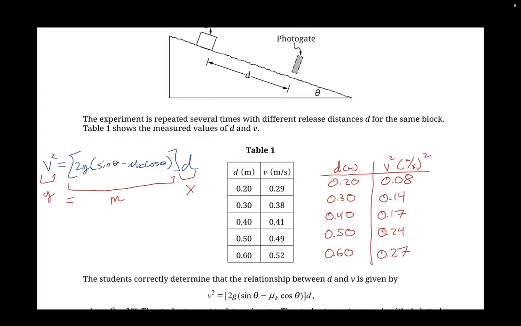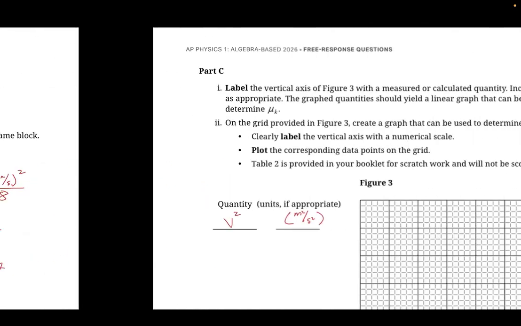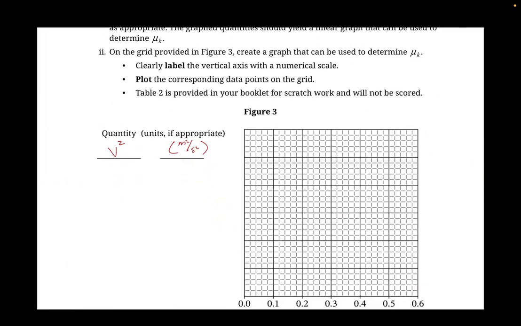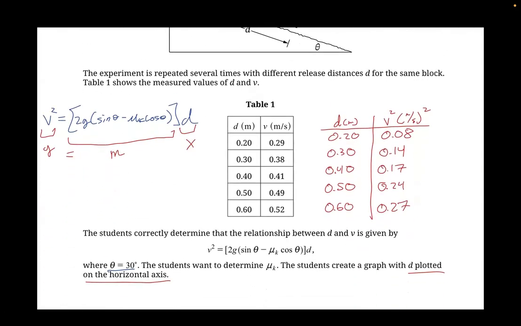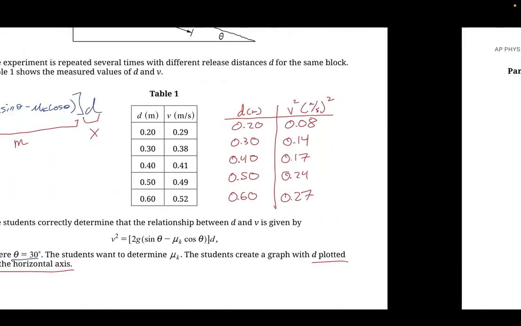Perfect. Okay, so it seems like it goes from 0 to 0.30. So we'll scale that graph appropriately. I think we can go by 0.05. So we'll do 0.05, 0.10, 0.15, 0.20, 0.25, 0.30. That should be a linear scale. And now we just have to plot the corresponding data. So the first point is 0.2, 0.08.